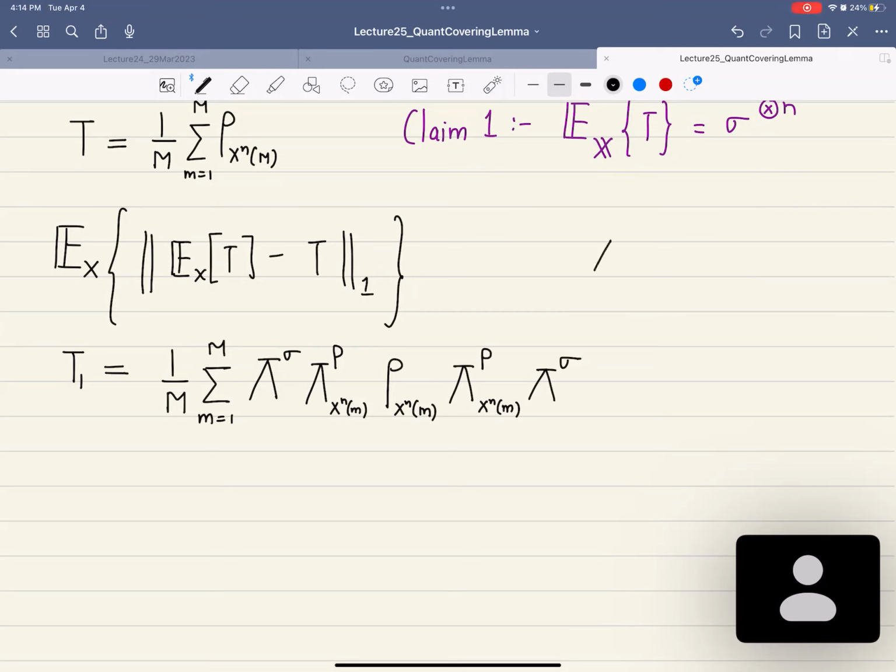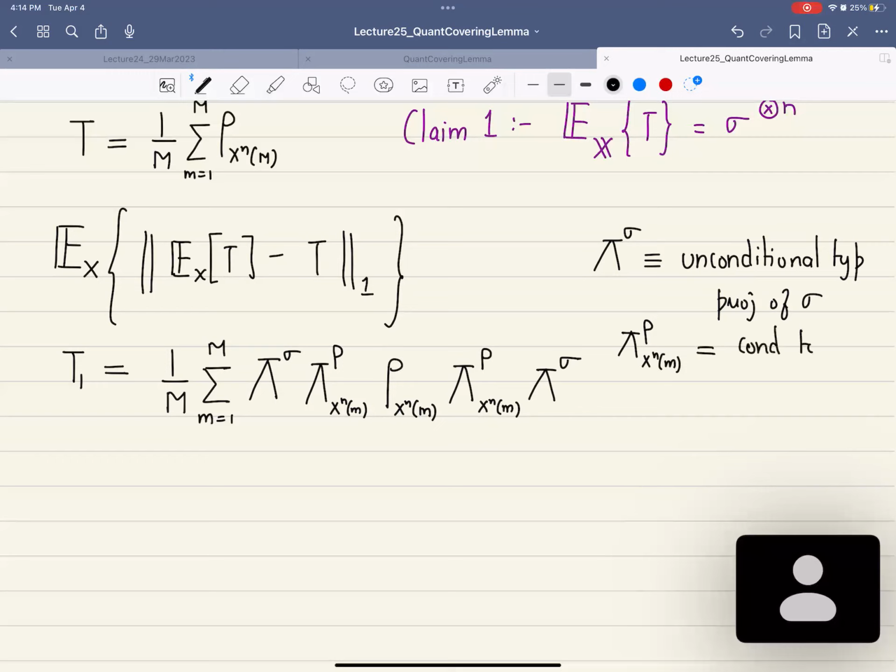So what is pi sigma? Pi sigma is the unconditional typical projector of sigma. You know what pi rho xn of m is: it is the conditional typical projector of rho xn.